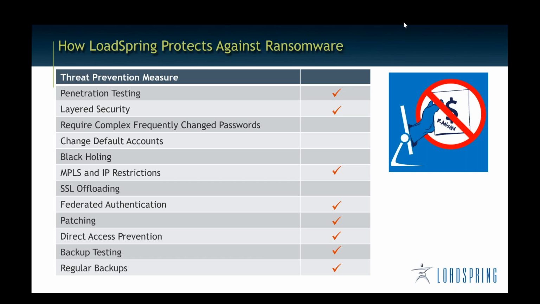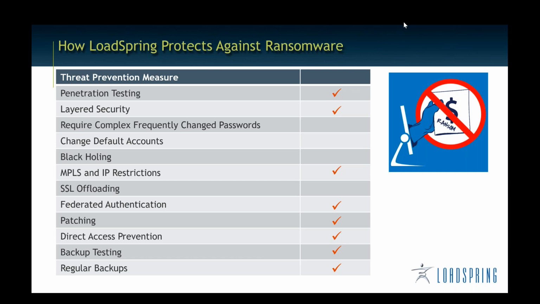How much data can you afford to lose is a very important question to be asking your business owners because a lot of backup schedules are nightly or every 8 hours, and we see some people who can't afford to lose more than 15 minutes worth of data, and so we have backups in place that occur every 15 minutes to make sure that the most amount of data, if something like this were to hit, that they would lose would be that 15 minutes, and they're able to quickly roll back.